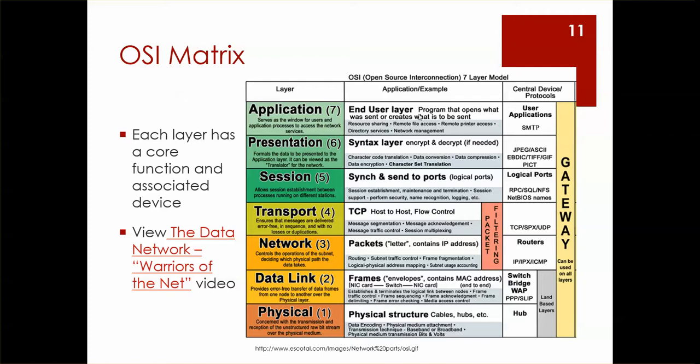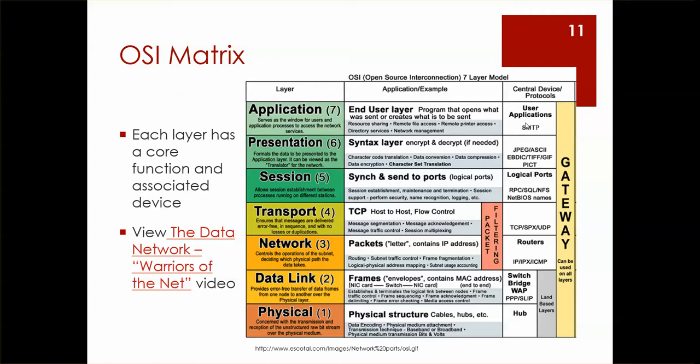We open up a program and tell it what is to be sent, create what needs to be sent, and we're capable of leveraging functionality like resource sharing, remote file access, remote printer access, directory services, and network management.